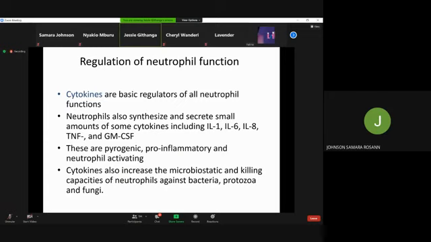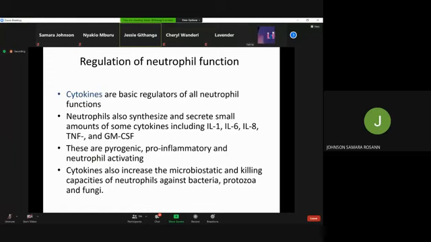Neutrophils themselves also will secrete small amounts of cytokines, and these will activate other neutrophils. They will cause other neutrophils to migrate there and will activate them.